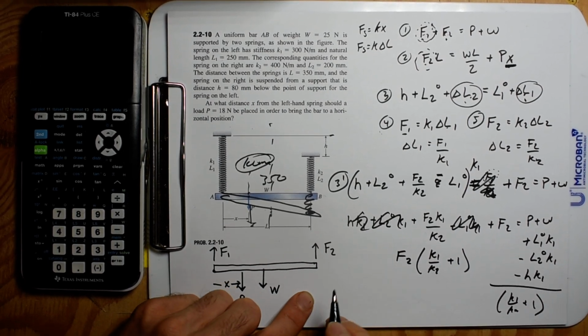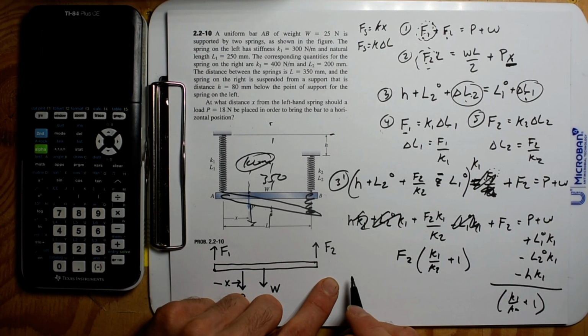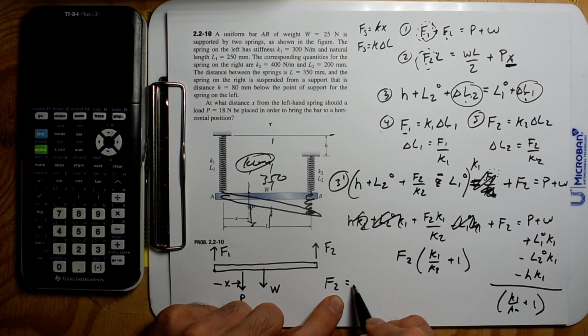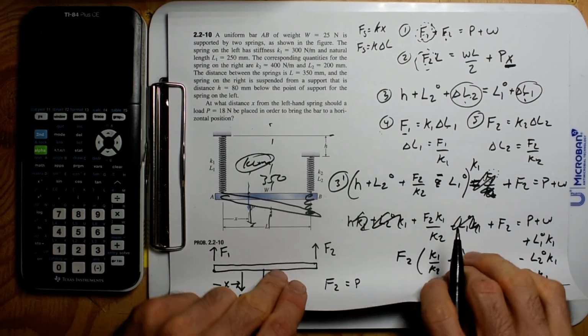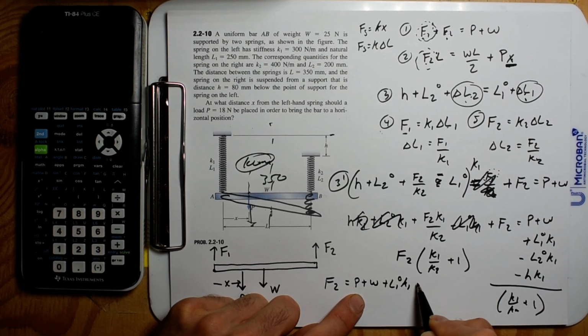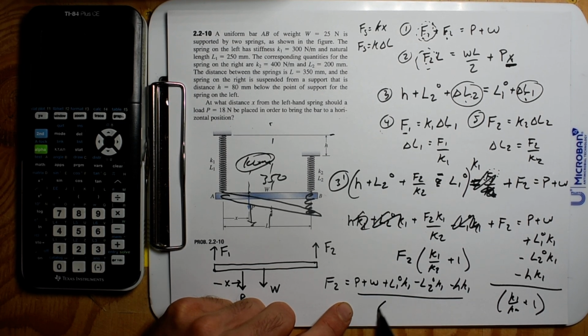Cool. So let's write this out. Maybe on a new sheet of paper, but maybe just right here. And so we have f2 is equal to p plus w plus L1 naught k1 minus L2 naught k1 minus h k1, divided by k1 k2 plus 1.